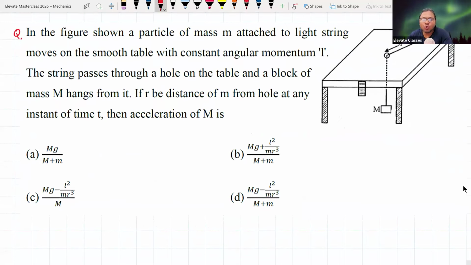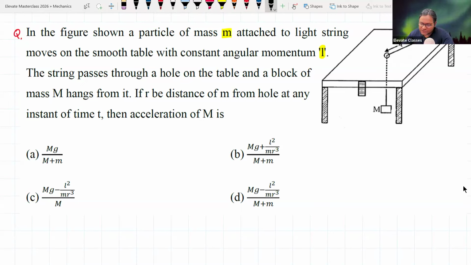In the figure shown, a particle of mass m is attached to a light string which moves on a smooth table with constant angular momentum L. I hope that you understand what an angular momentum is, even though I haven't told you yet, but I hope that you do know what an angular momentum is and maybe you'll be able to use it.